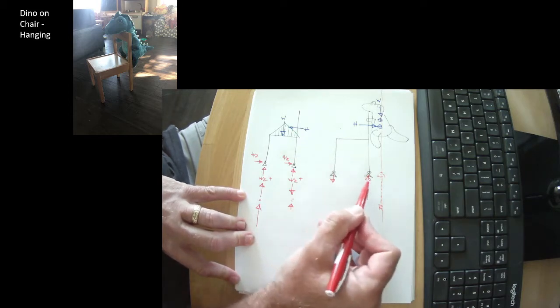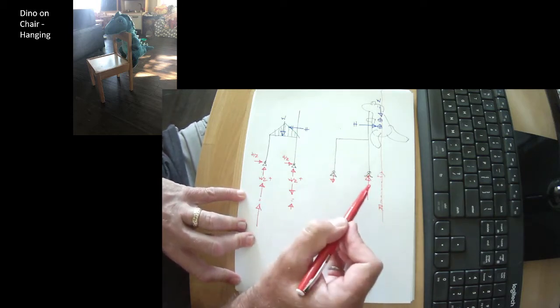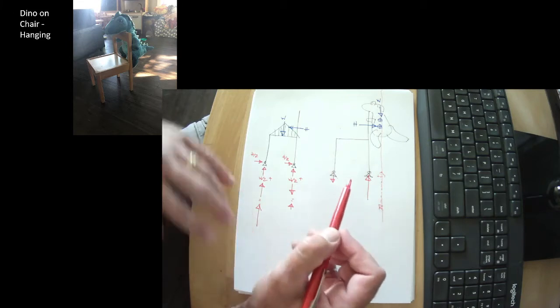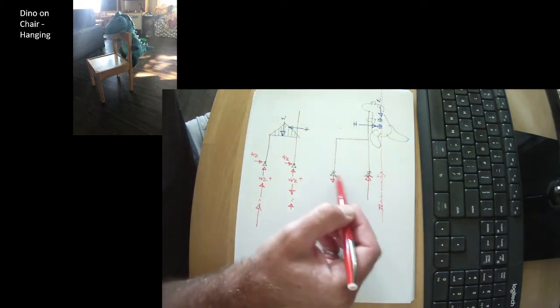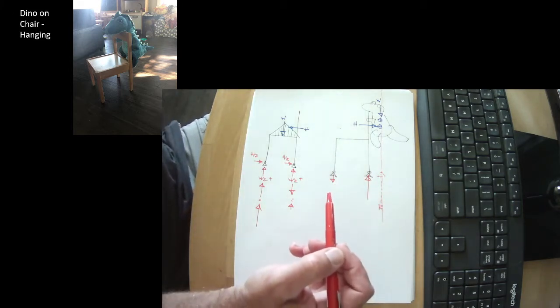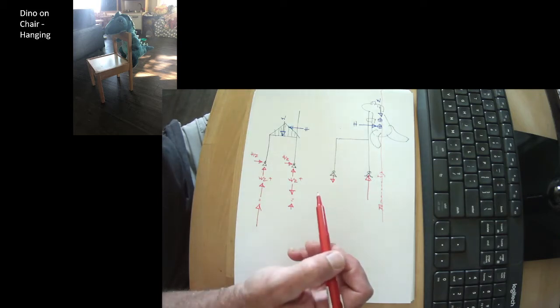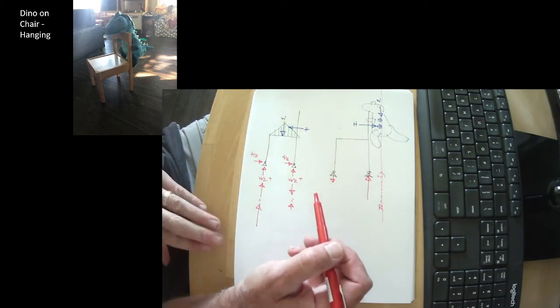If you add those up, your resultant is going to be out here. You can take my word for it, but that is the resultant of that as a couple.